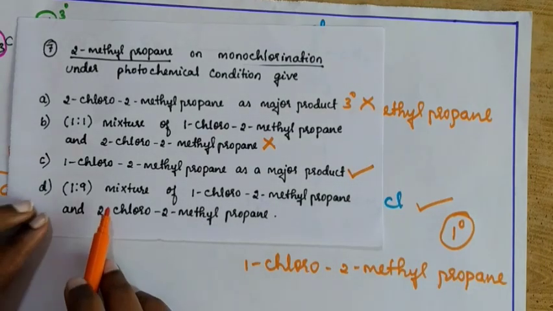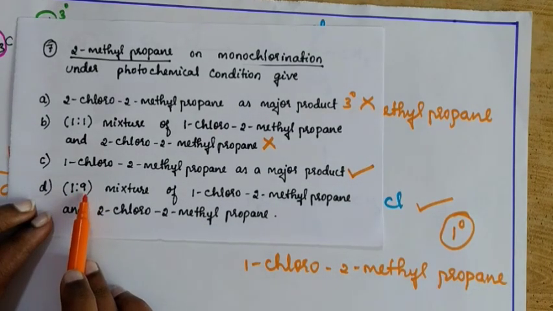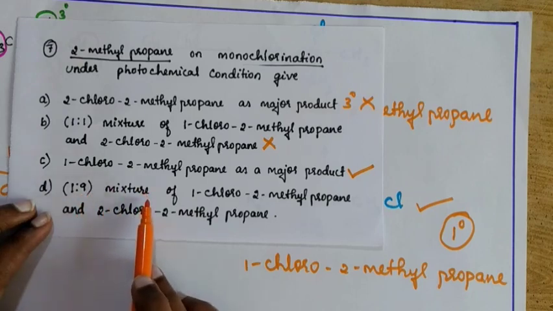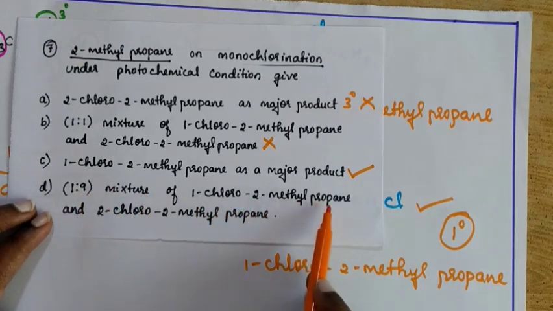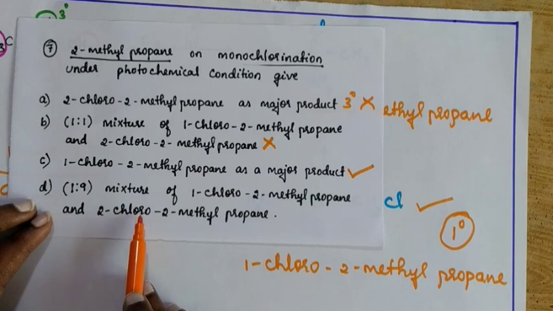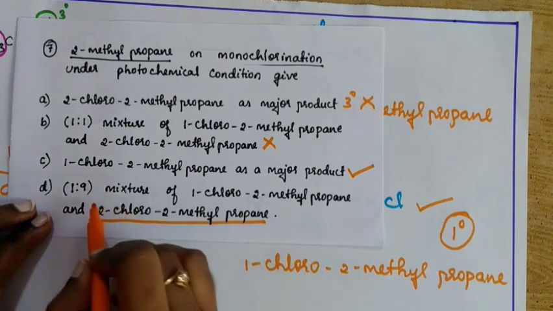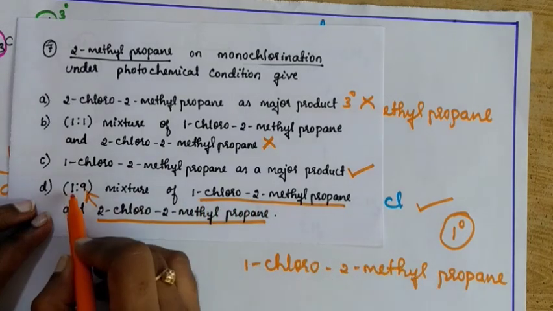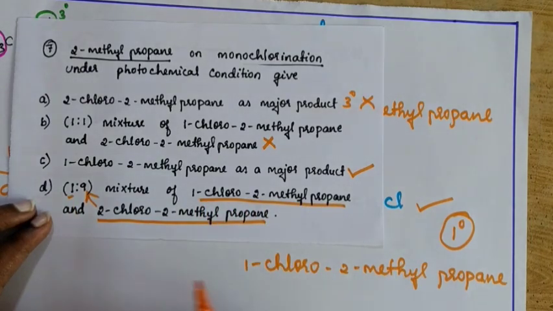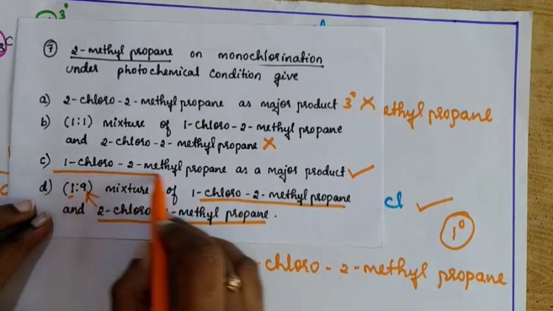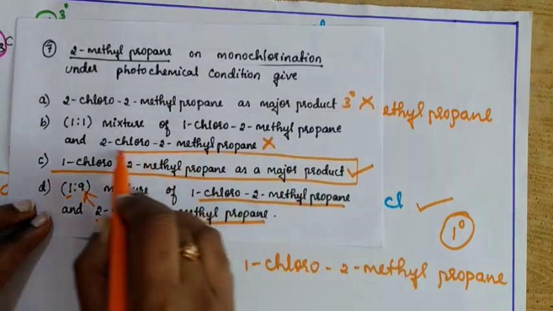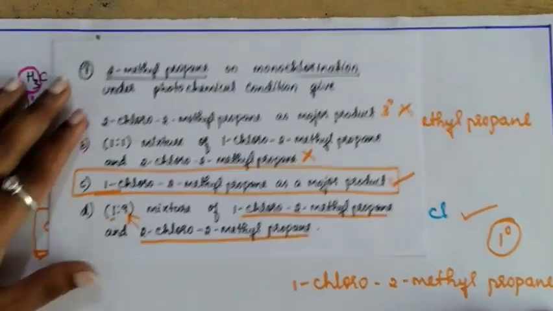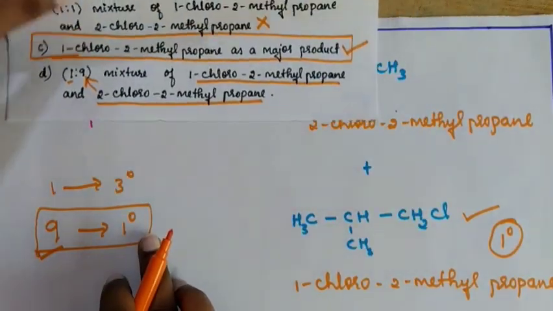What about option D, that is a 1:9 ratio mixture of 1-chloro-2-methyl propane and 2-chloro-2-methyl propane. So they are saying that 2-chloro-2-methyl is 9% and 1-chloro-2-methyl is 1%, which is wrong. Our major product is 1-chloro-2-methyl propane, because primary hydrogens are more here.